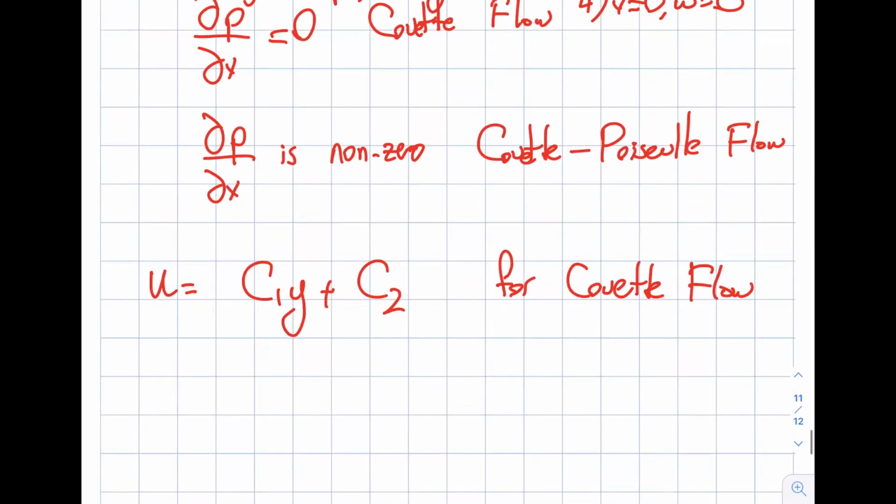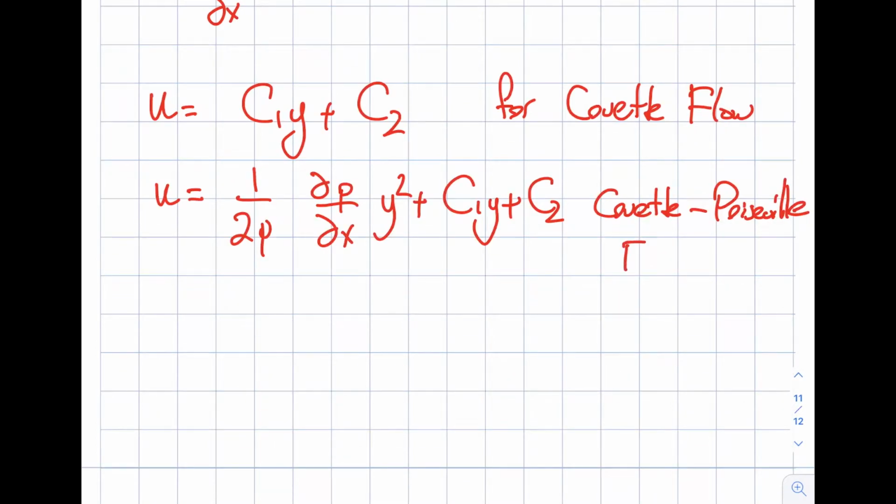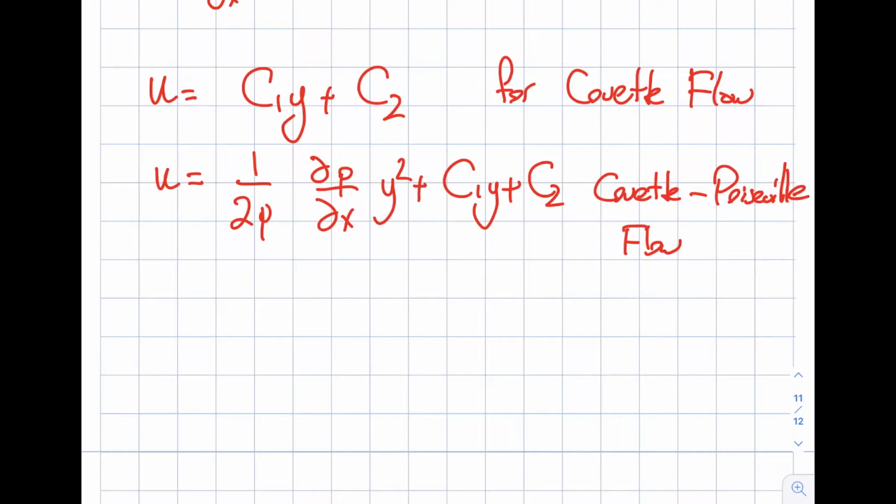So u is equal to c1 y plus c2 for Couette flow, and u is equal to, again from the previous question, 1 over 2 nu del p del x y squared plus c1 y plus c2 for Couette-Poiseuille flow.